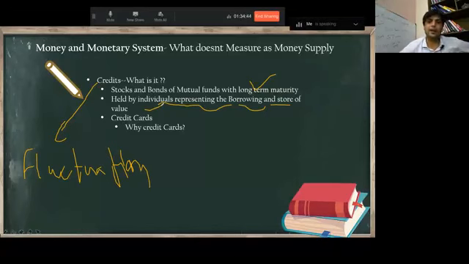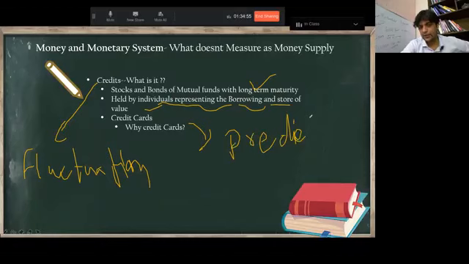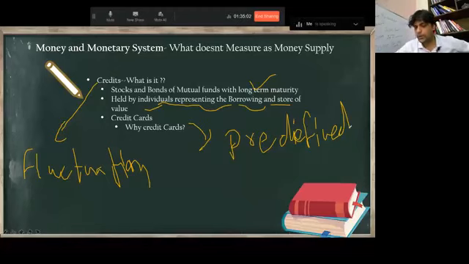Credit cards are also not included. Why? Because a credit card is a predefined limit of money used by a consumer as a loan, and it is not checkable. You cannot write a check against the credit because there is no deposit in the bank.